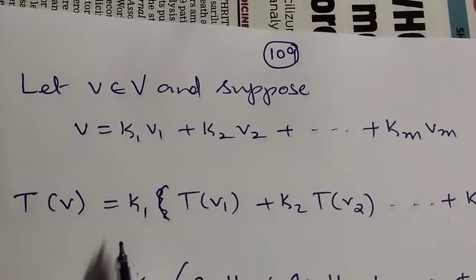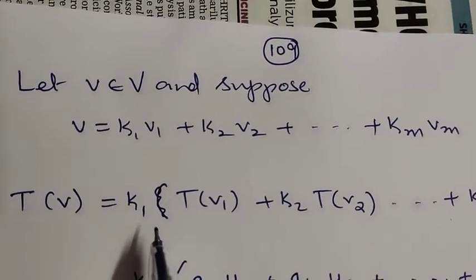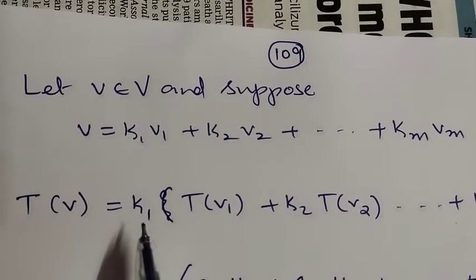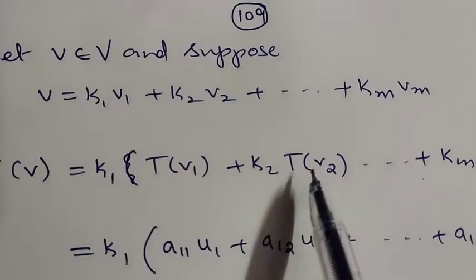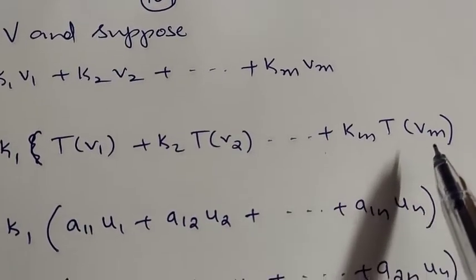This implies T of v is equal to, since T is a linear map, k1 into T of V1 plus k2 into T of V2 etc. plus km into T of Vm.